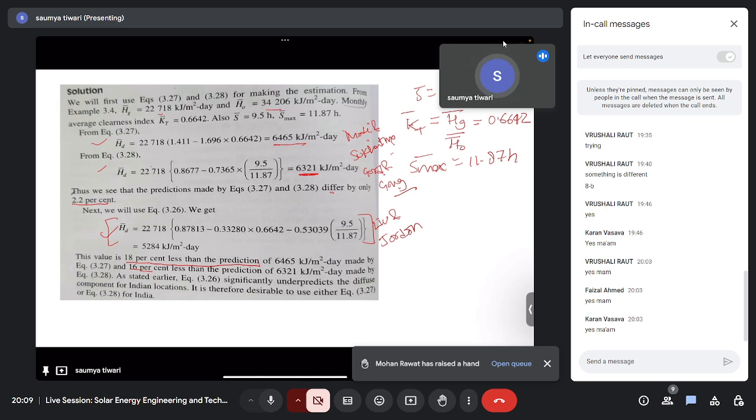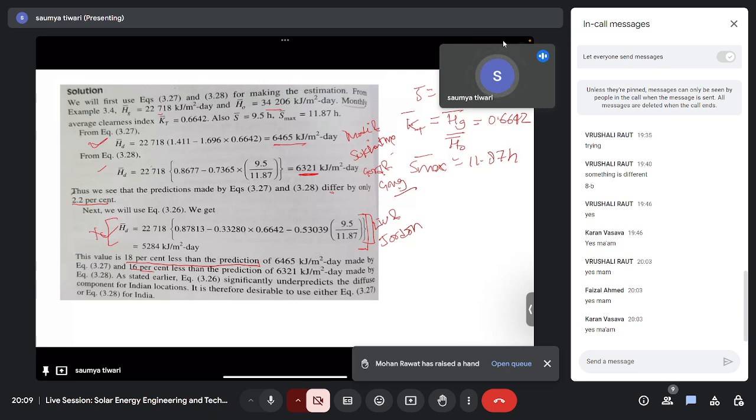Basically, the Liu and Jordan correlation was given for the 36 degree north and south latitude belt. So it is not generally applicable in the Indian subcontinent, and for the Indian context we will not use this equation. We'll preferably use Modi and Sukhatme and Gopinath and Garg.